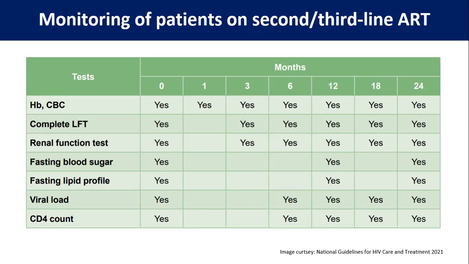Viral load testing: baseline, 6 months, 12 months, and then annually. And CD4 count: baseline, 6 months, 12 months, 18 months, 24 months, that is every 6 months.